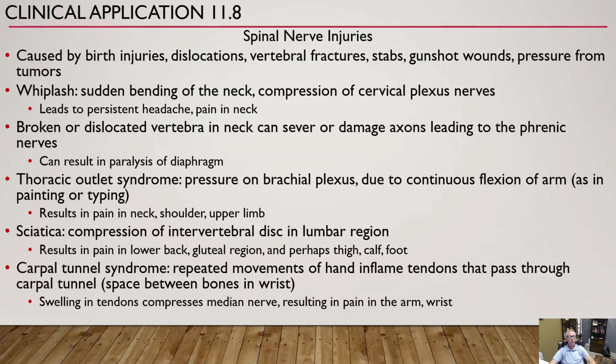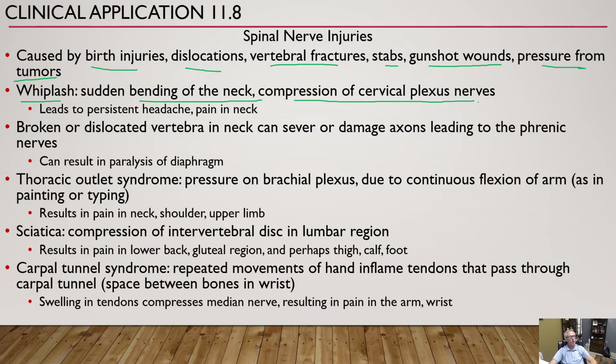All right, spinal nerve injuries can be caused by coming through the birth canal, dislocations, vertebral fractures, stabs, gunshot wounds, pressure from tumors, or whiplash from a car crash where your head beats back and forth.